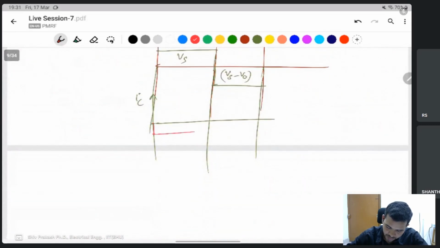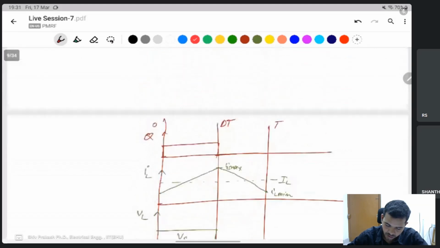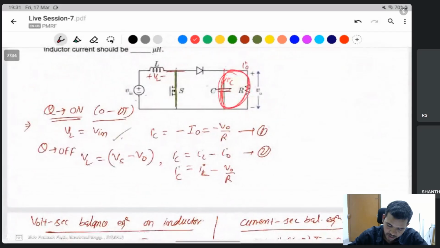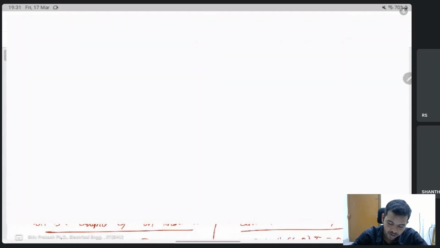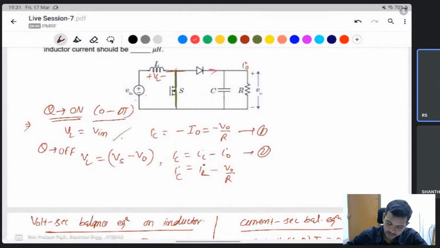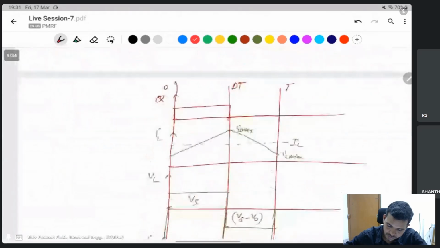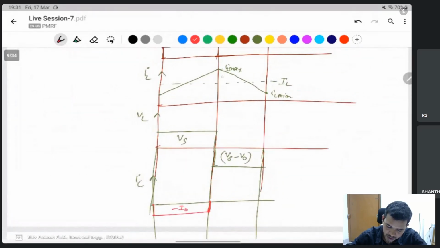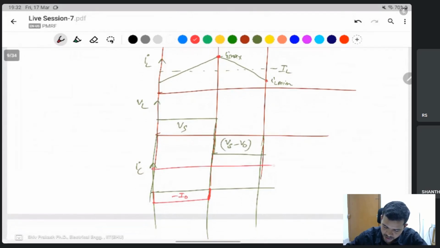But when the switch is off, then IC current flow is IL minus of I naught. So IC is IL minus I naught. This one is the IL current. I naught you can assume as constant, since the output is constant, it means current is also constant.